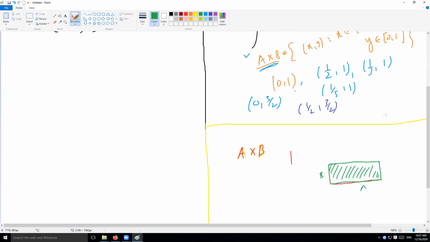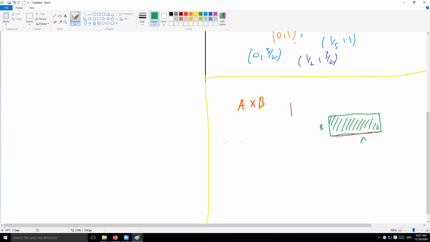Now with this notation, do you understand what I'm saying? Whenever I have to make a picture of the cross product of two sets, no matter what these sets are, they are not necessarily intervals. When you make a picture of sets, you make circles, but are sets circles actually?